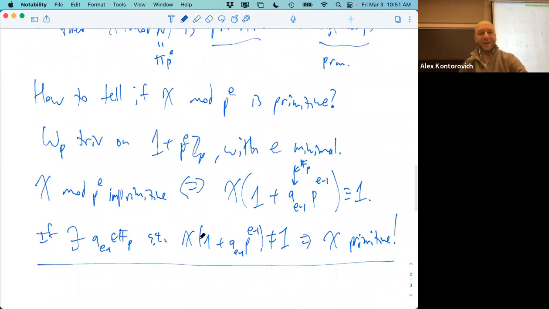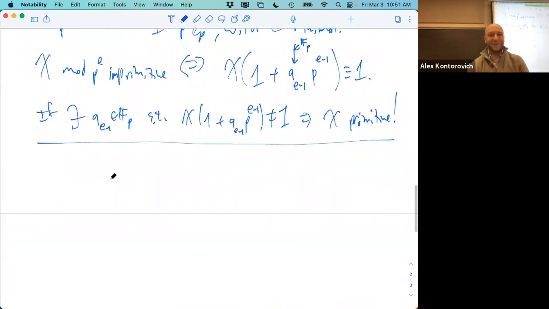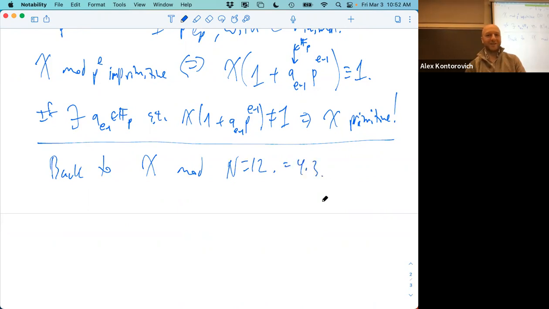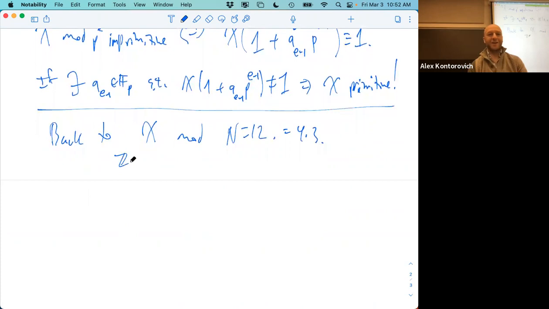Let me come back to LMFDB in a second. When we did our chi mod 12, back to our 12 table, 12 is 4 times 3. So Z mod 12, (Z/12Z)^×, all we have is 1, 5, 7, and 11.